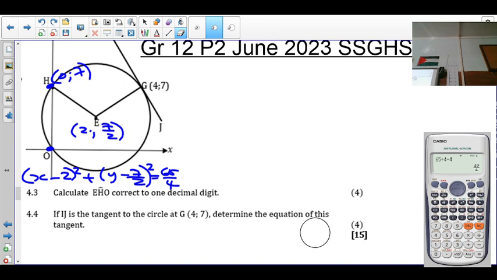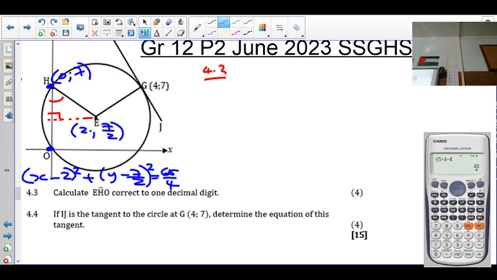Now we are asked in 4.3, calculate HO, put it to one decimal place. HO is this angle here. So what I do is I include a triangle there. We know that would be 90 degrees, so I drop it 90 degrees onto that.